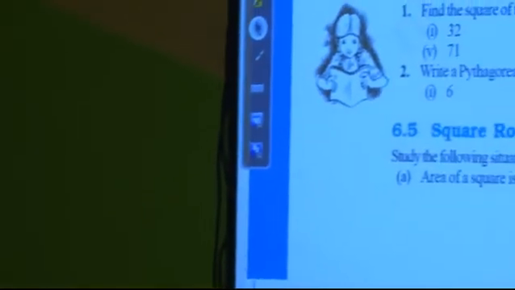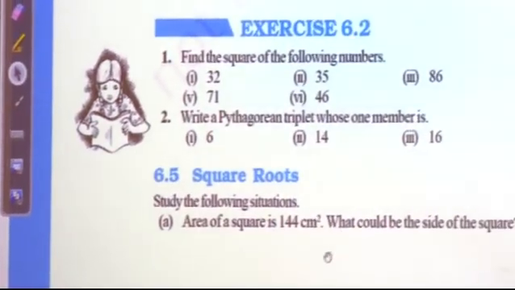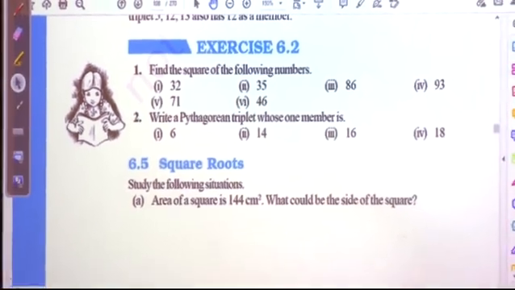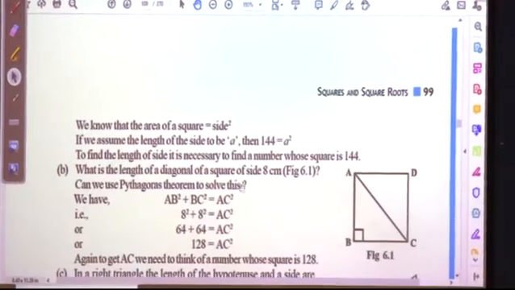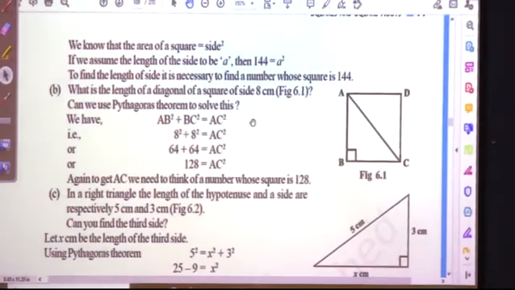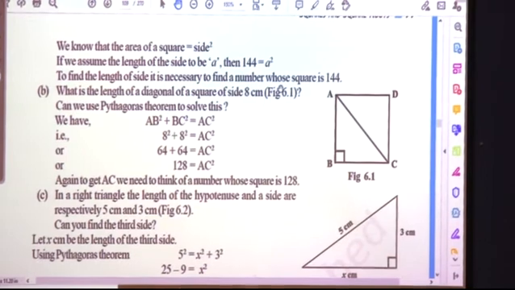Now, here are some situations that have been given. Study the following situations. What are the situations? Area of a square is 144 centimeter square. What could be the side of the square? We know that area of a square is equal to side square.